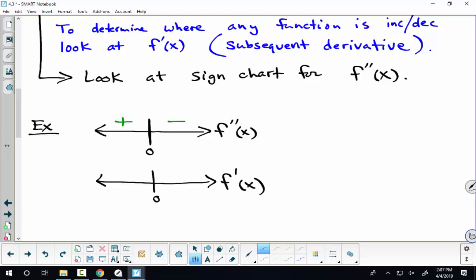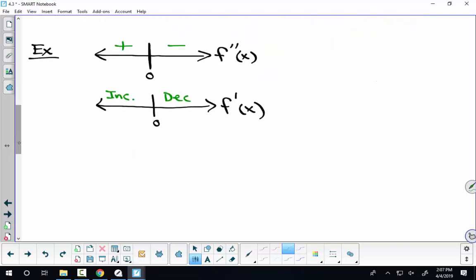Increasing and decreasing. Right, so this positive on the second derivative tells us the first derivative is increasing, and the negative on the second derivative tells us the first derivative is decreasing. So I can just erase one of these primes here, and then I'm looking at f of x and f prime. It's telling us the same information, we're just adding an additional derivative.